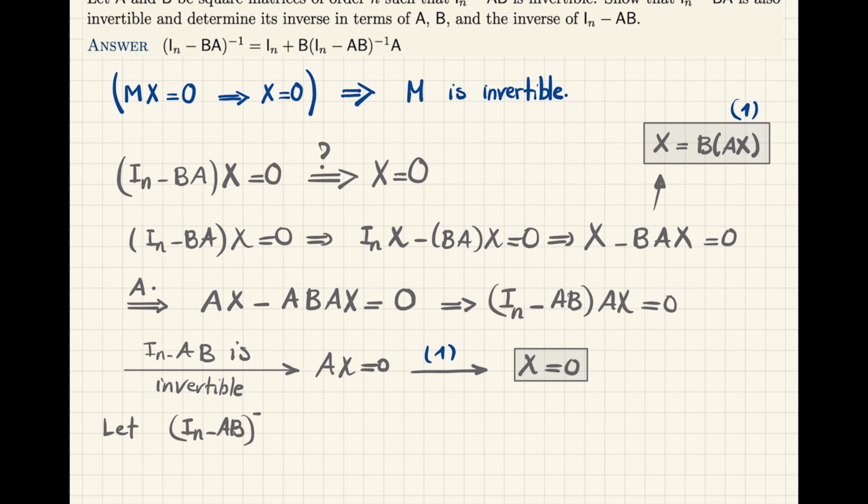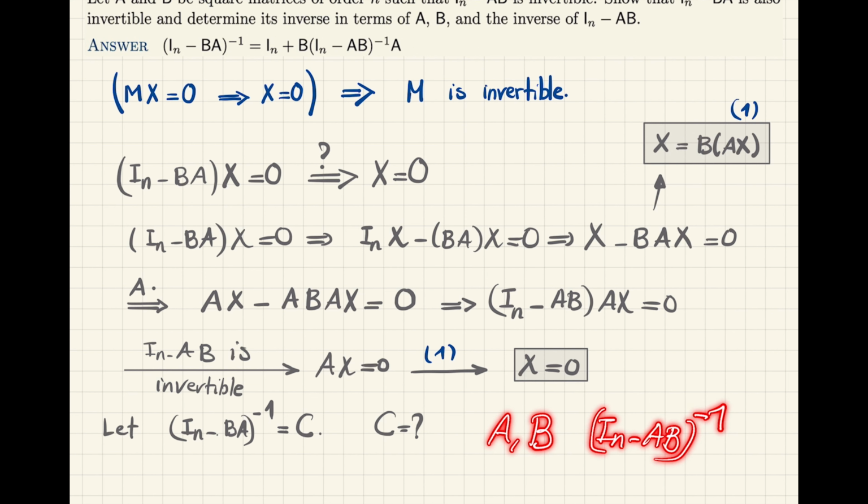I want to find the inverse of I_n minus BA. I call this C, and my goal is to find C in terms of A, B, and the inverse of this matrix, which was guaranteed from the beginning. I want to write the inverse of the matrix in terms of these matrices.